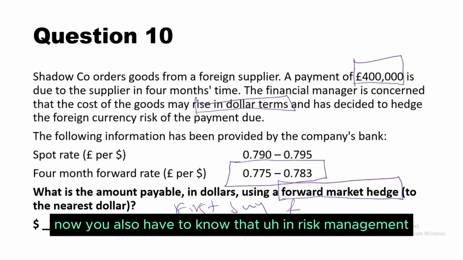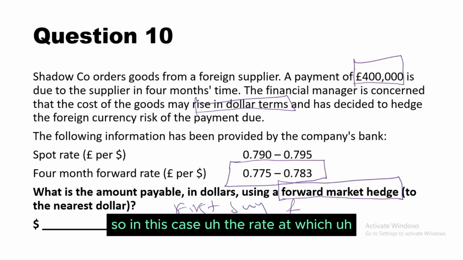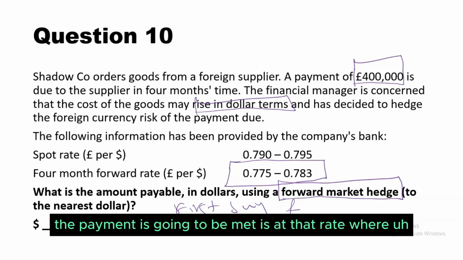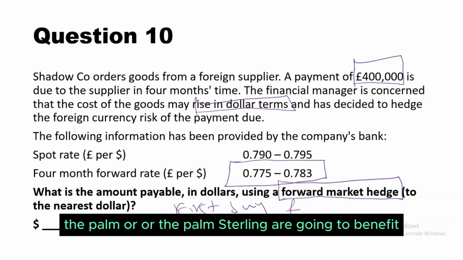Now you also have to know that in risk management, the bank is always going to be at an advantage. So in this case, the rate at which the payment is going to be made is the rate where the suppliers of the pound sterling are going to benefit.